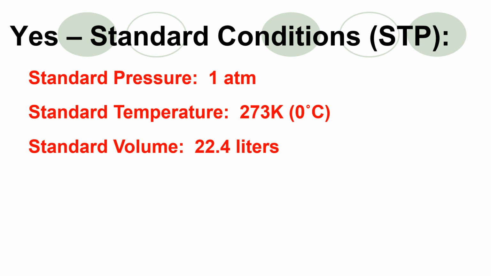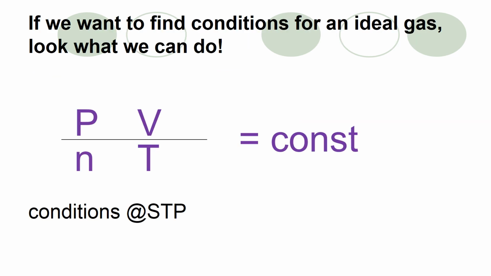Standard volume, or the volume of a mole of gas at standard temperature and pressure, is 22.4 liters. And lastly, we said that 22.4 liters was for 1 mole. So if we take all of these variables, 1 atmosphere, 273 Kelvin, 22.4 liters, and 1 mole, we can combine those and calculate what this constant is over here.